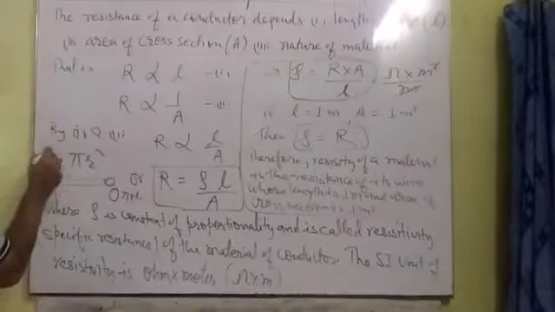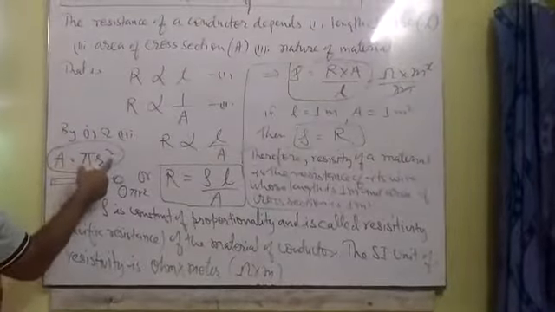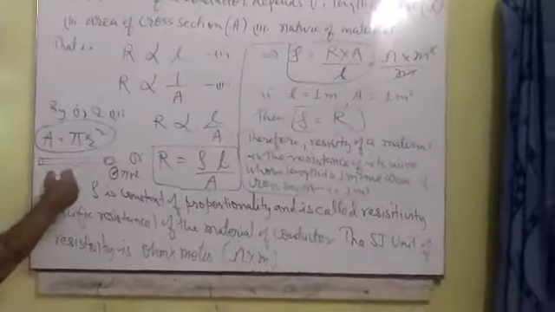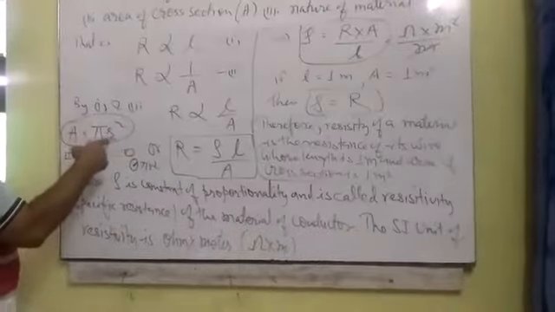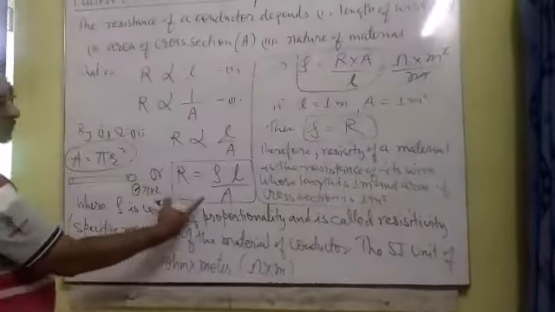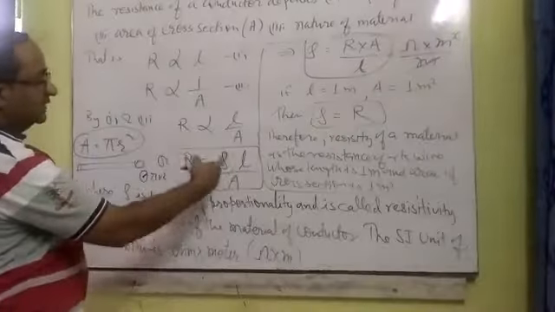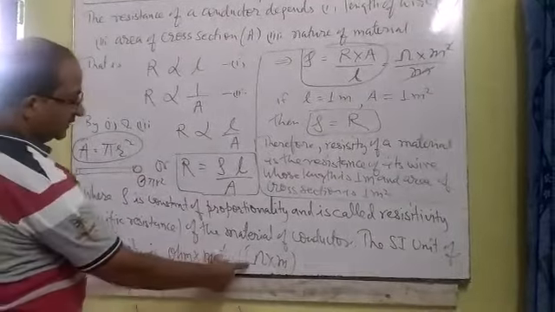So we can find the area of cross section separately by the formula pi r square, where r is the radius of the cross section. Sometimes we find it by the formula, or otherwise it will be given to you. Its unit is meter square, length is measured in meter, and in this situation the unit of resistivity will be ohm meter.